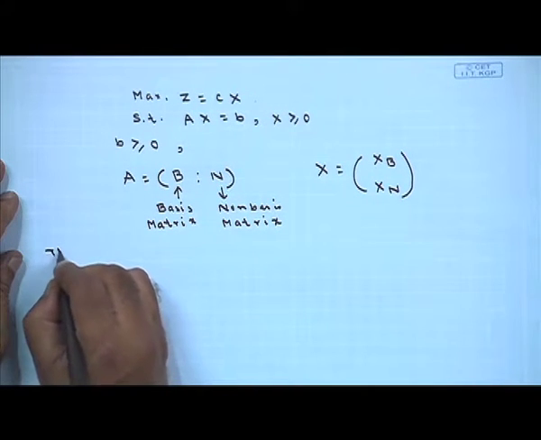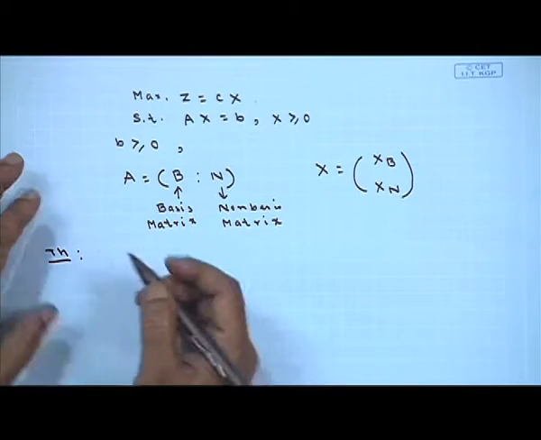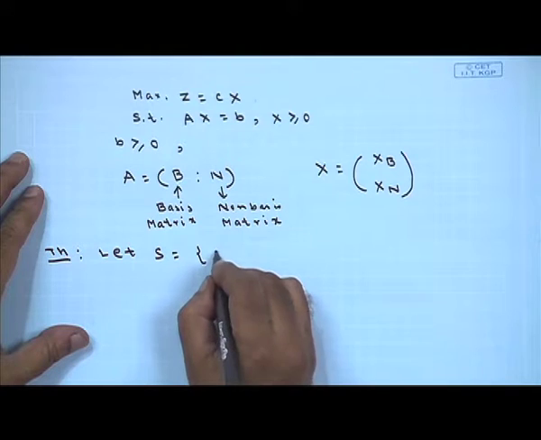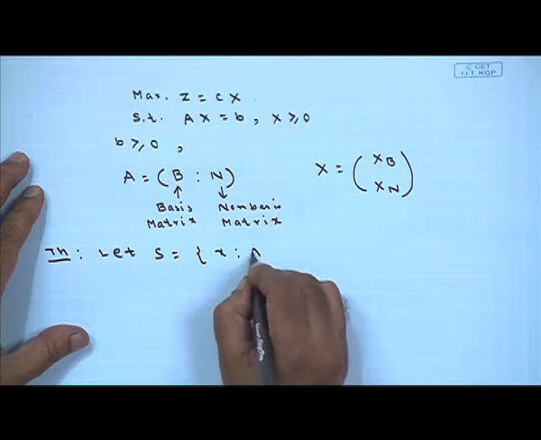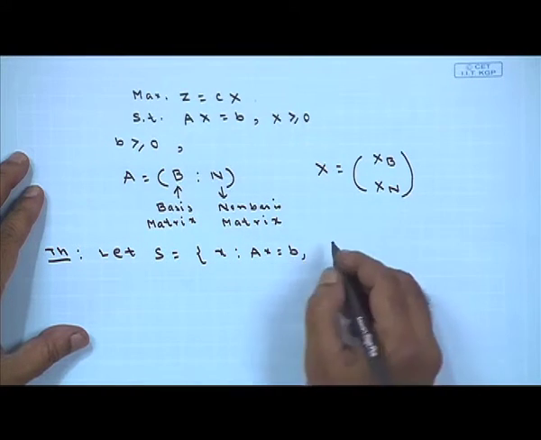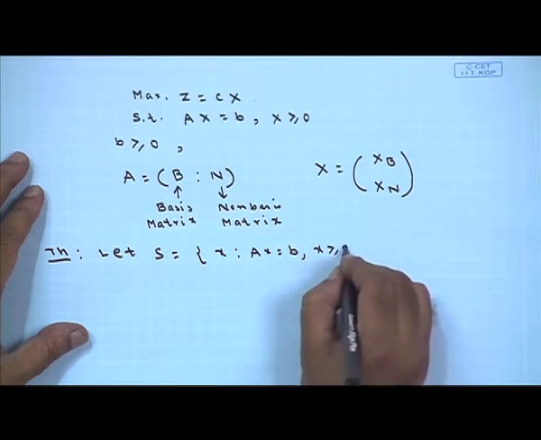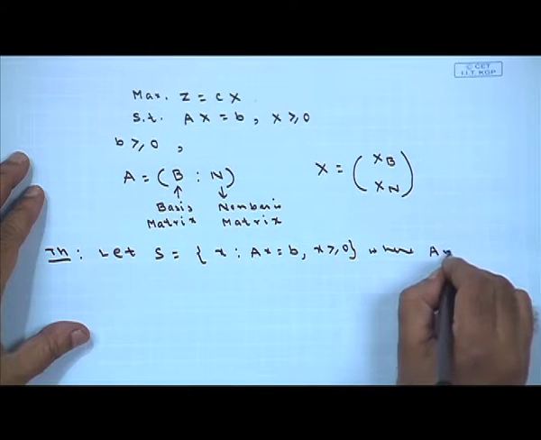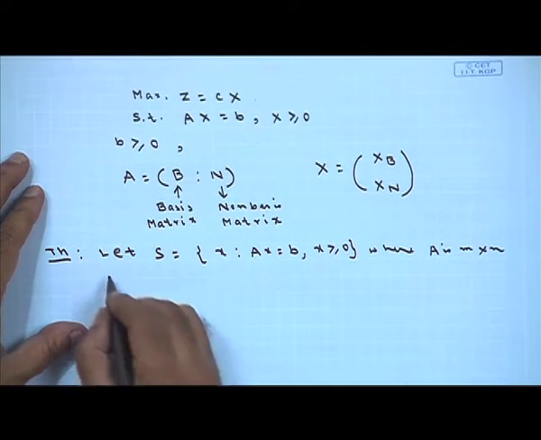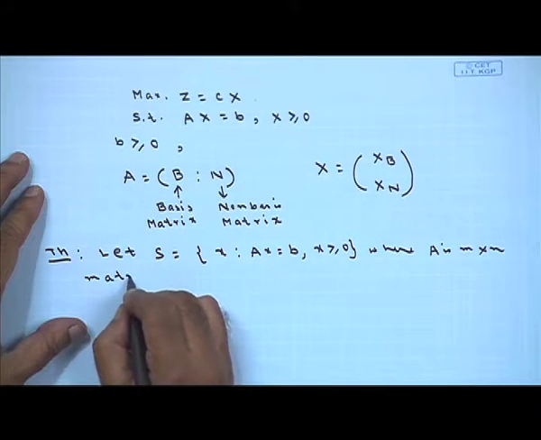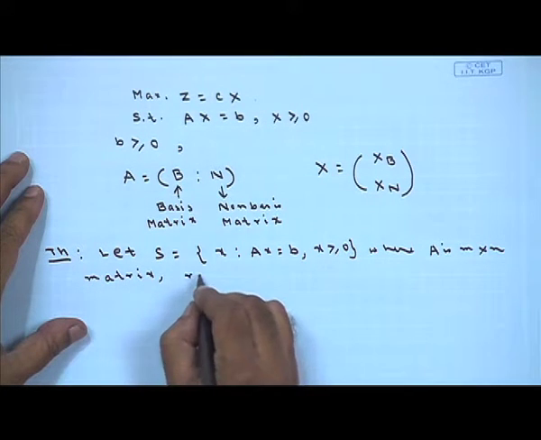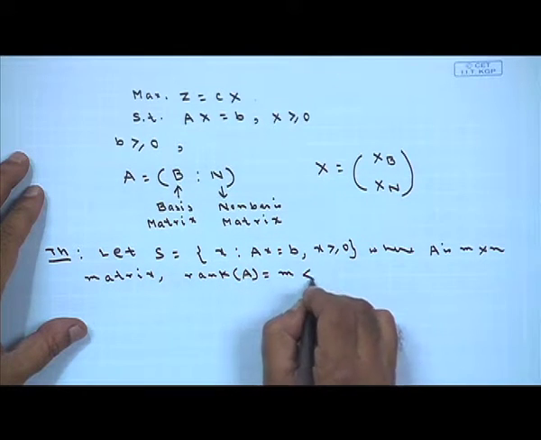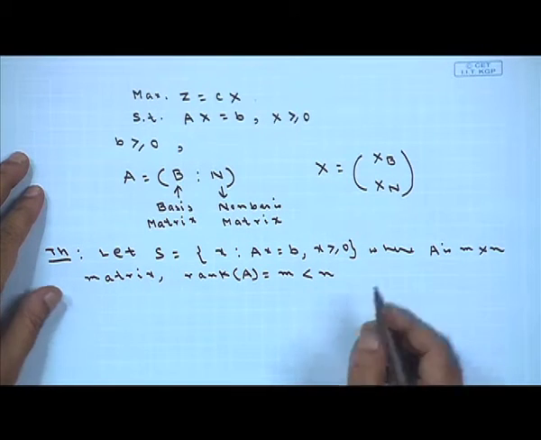There is a theorem. The theorem states: let S equal the set of x such that Ax equals B, x greater than or equal to 0, where A is an m cross n matrix and rank of A is equal to m, which is less than n.